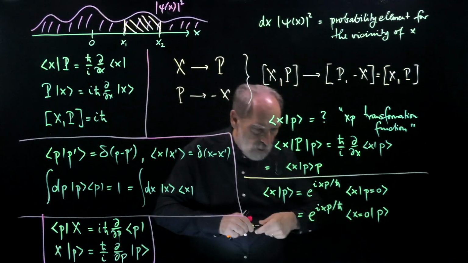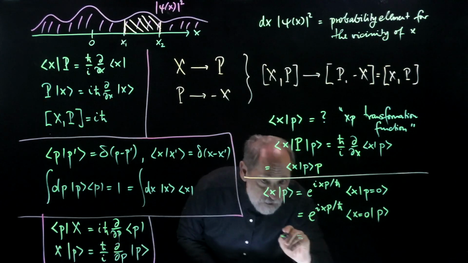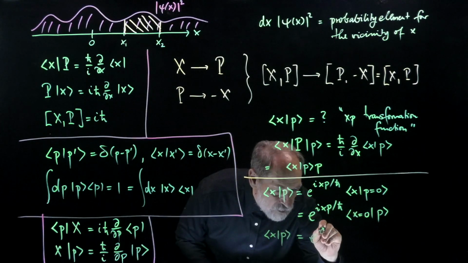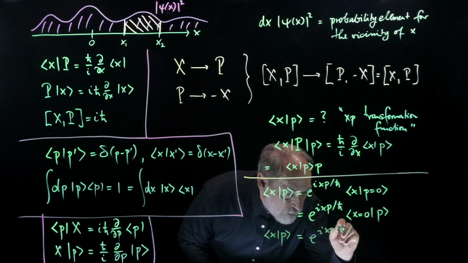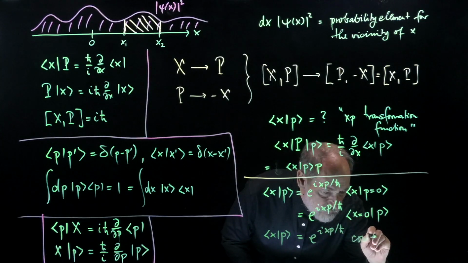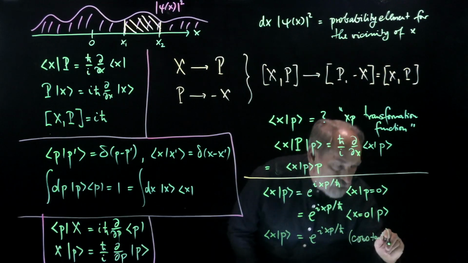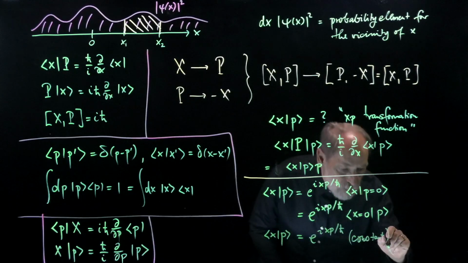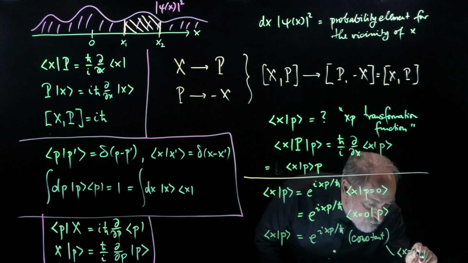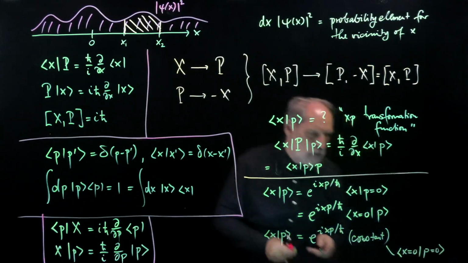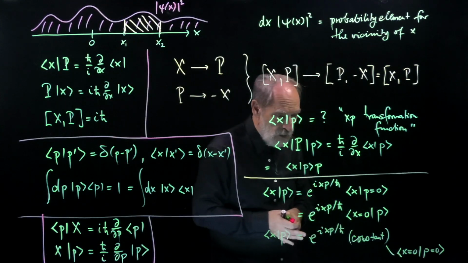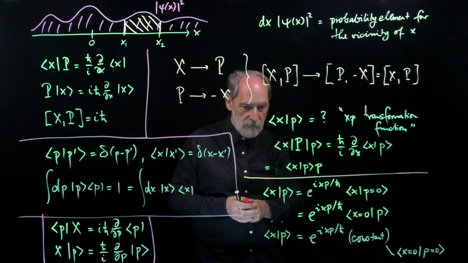So what we find is that the xp transformation function is equal to e to the i xp divided by h bar times a constant, and this constant is, if we look here, we can think of it as being the value for x equals 0 and p equals 0. Or one of them equal to 0, or the other one equal to 0, or both equal to 0. It's just a constant, okay?